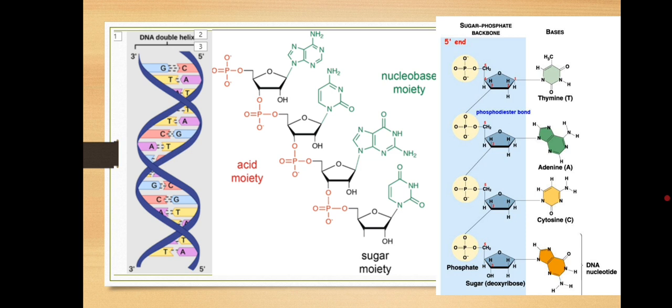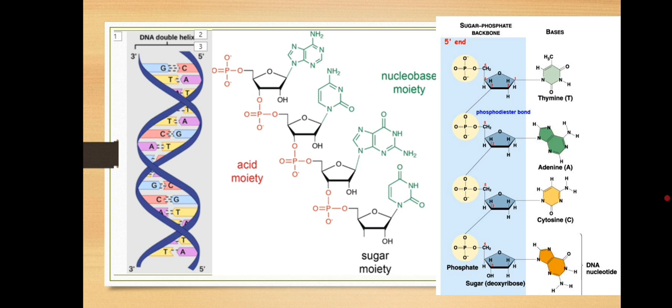And if you look at the DNA double helix structure, there is a 3' and 5'. This is because at the third and fifth carbon, the phosphoester is linked.